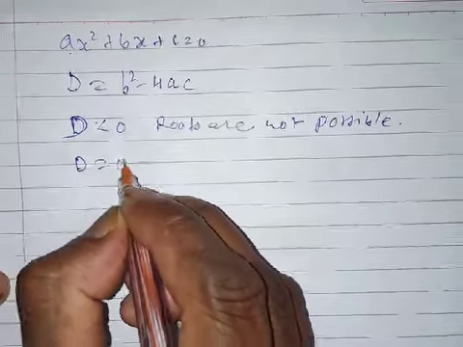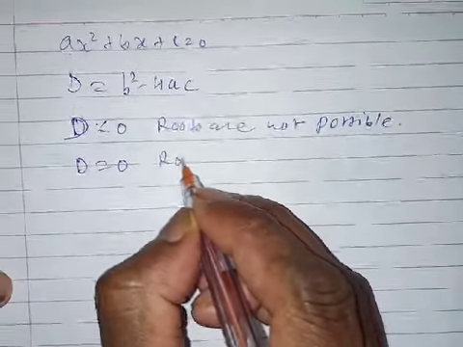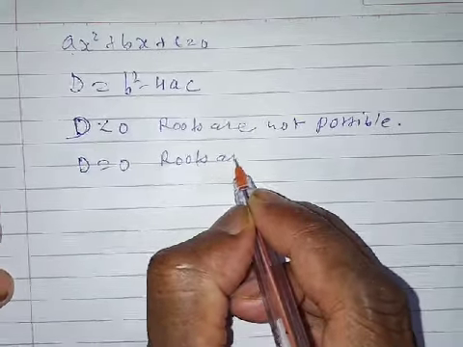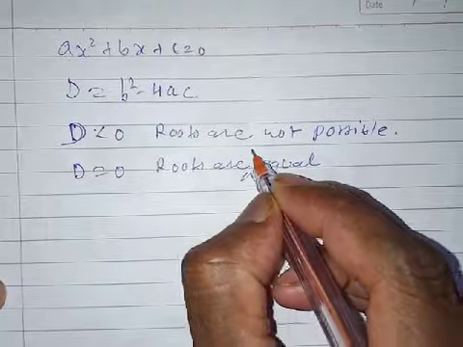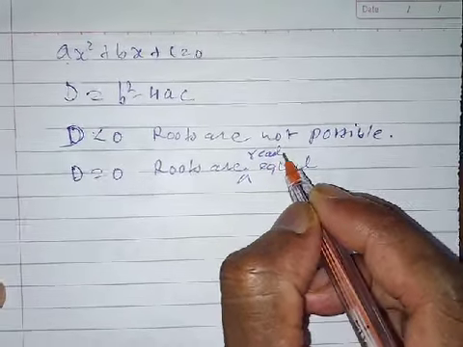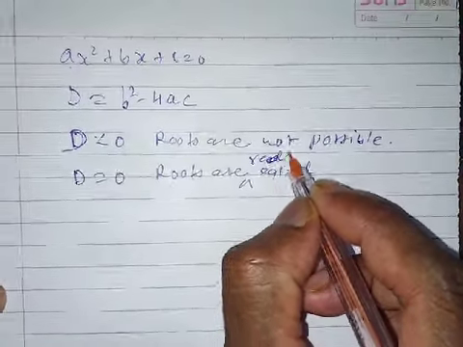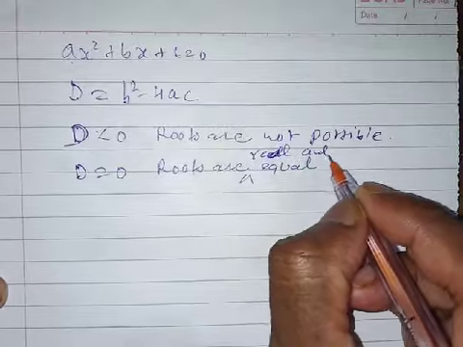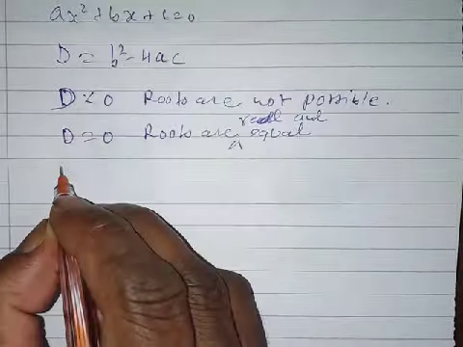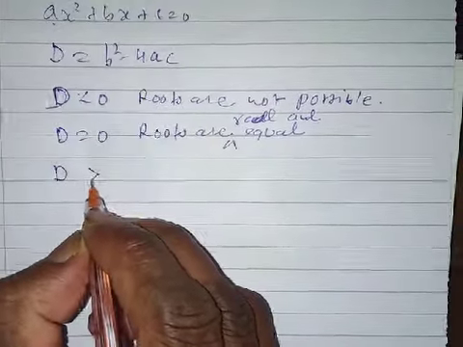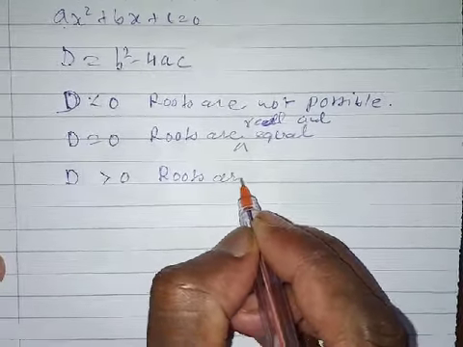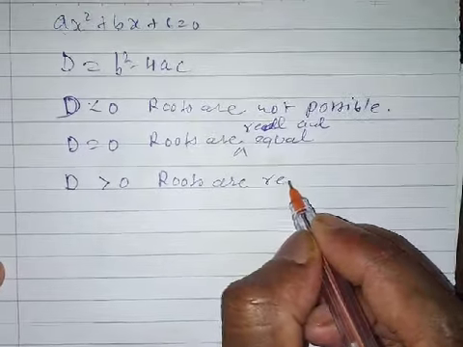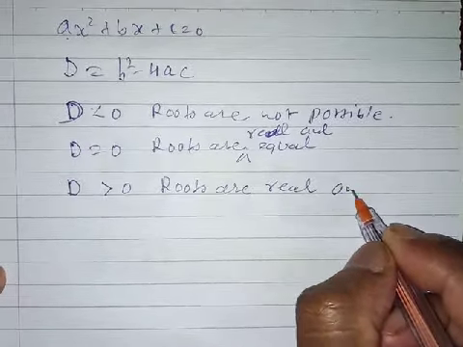If D is equal to 0, the roots are real and equal. And when D is greater than 0, the roots are real and distinct.